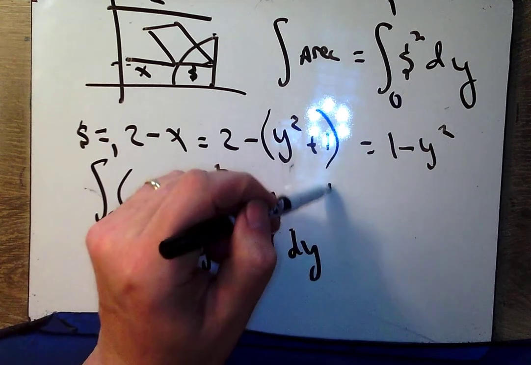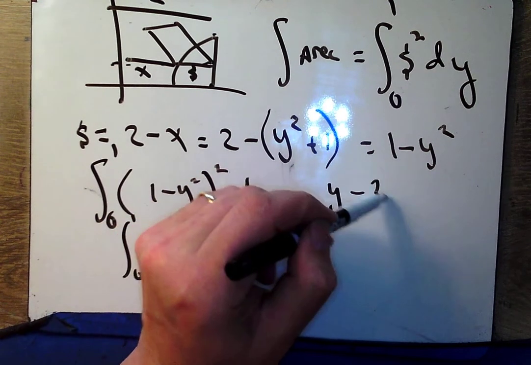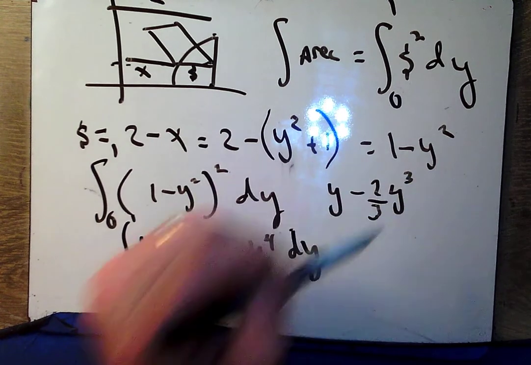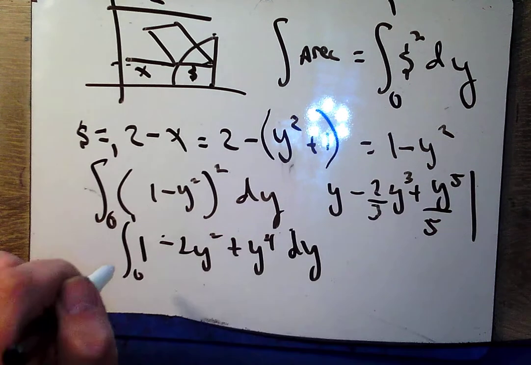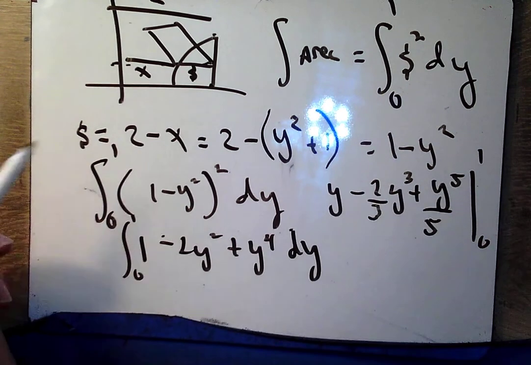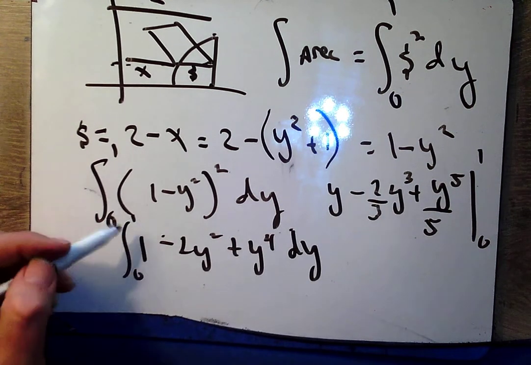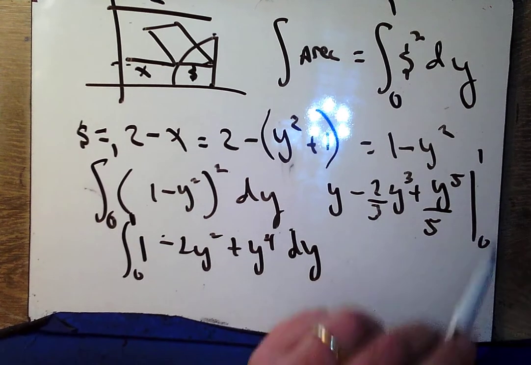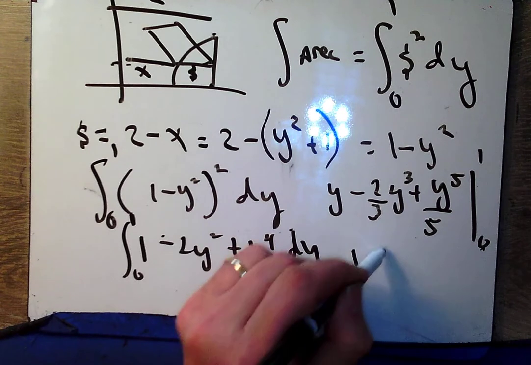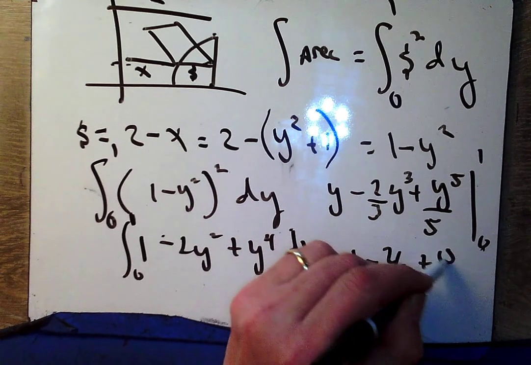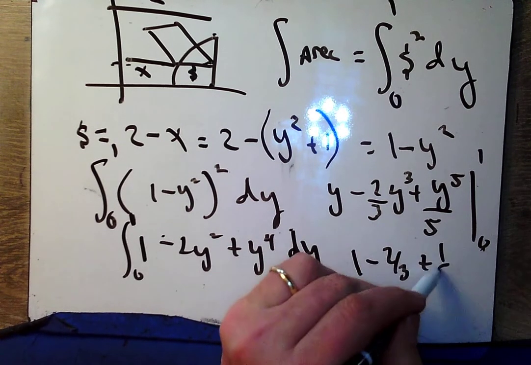And when we do the antiderivative, we're going to have y minus 2/3 y to the 3rd plus y to the 5th over 5 from 0 to 1. Okay, so here if I plug in 0, yes, all of those go away. So when I plug in 1, 1/5.